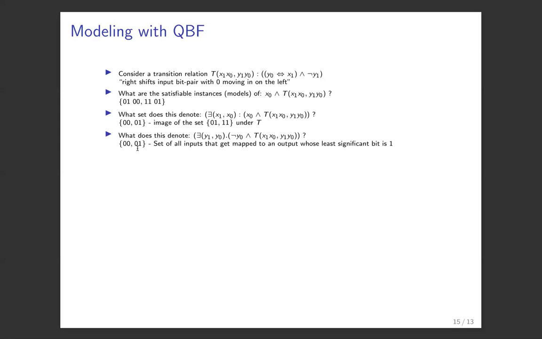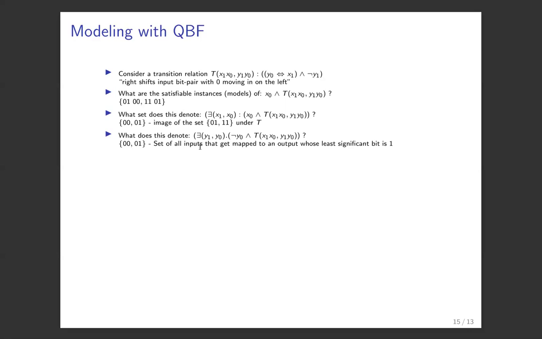From 0 0, the next state will satisfy that the least significant bit will be 0 because it is shifted, right? So is the case for this 0 1. So it's a set of all initial states. By inputs, I mean starting states that get mapped to an output state whose least significant bit is 1.